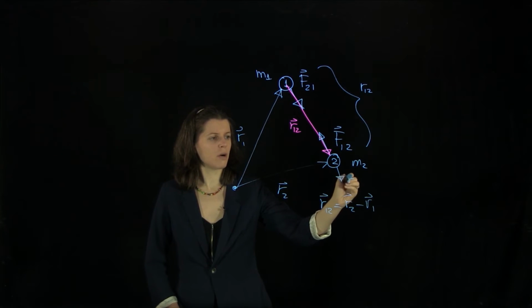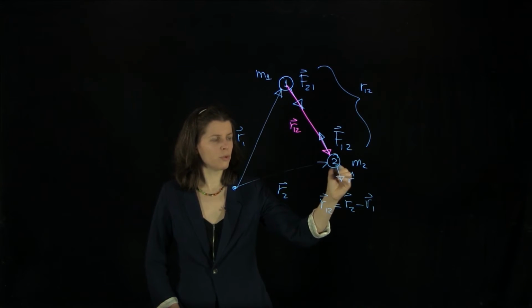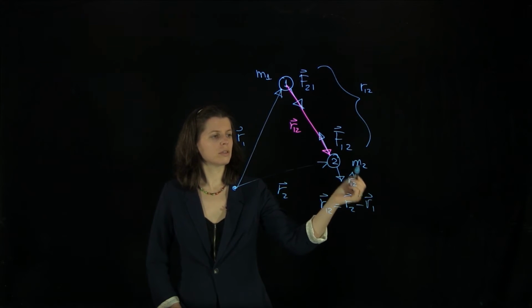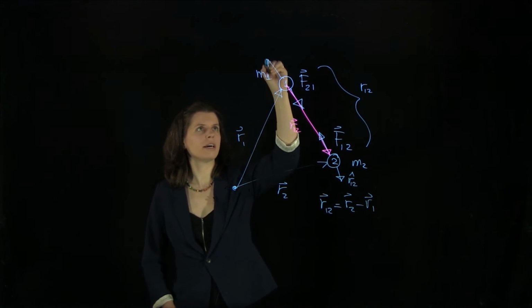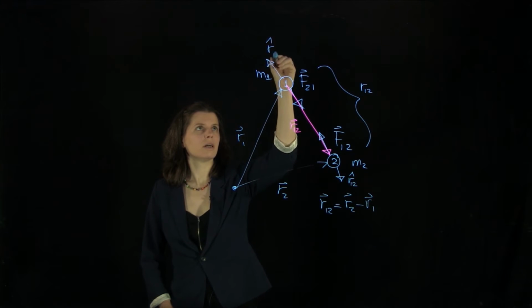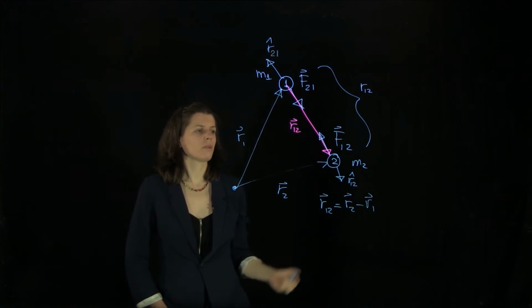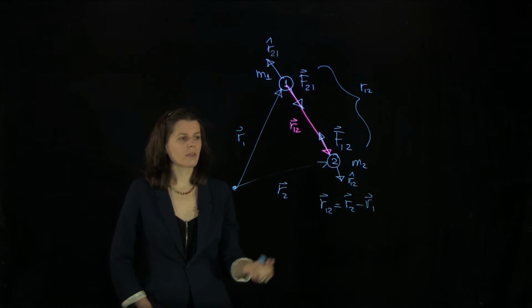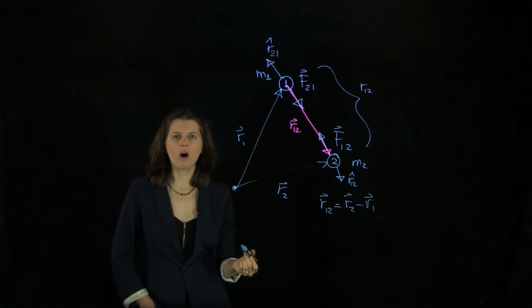So this is going to be our r-hat direction on object 2. And here we have an r-hat direction 2,1. And we're going to come back to the r-hat unit vectors later.